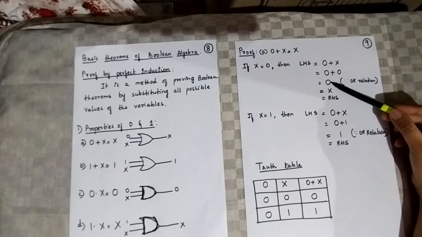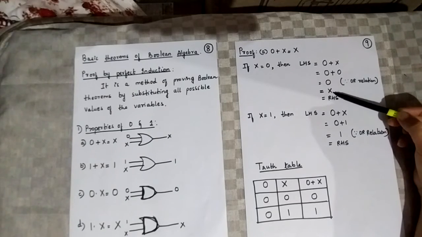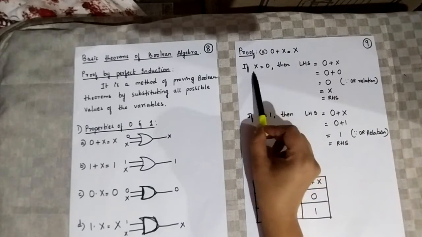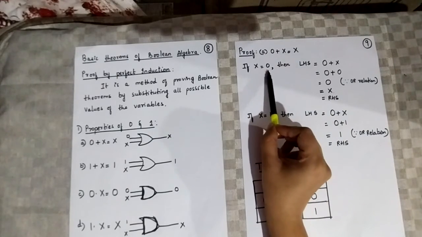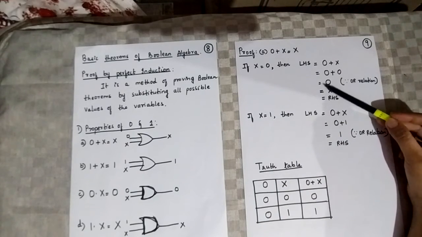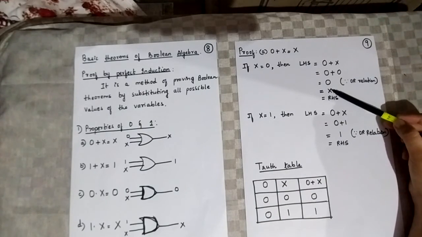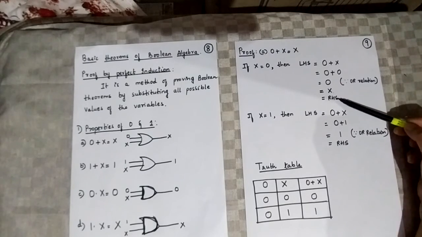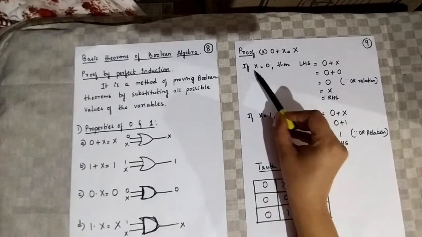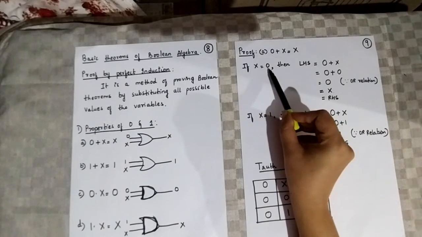So this 0 is in turn equal to x, because here I have assigned x with 0. So I say 0 in turn equals x, which is equal to the right hand side. Okay. I hope you are clear. x is holding 0, that means x equals 0.